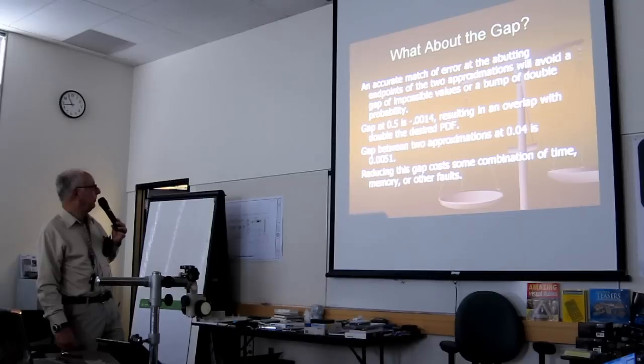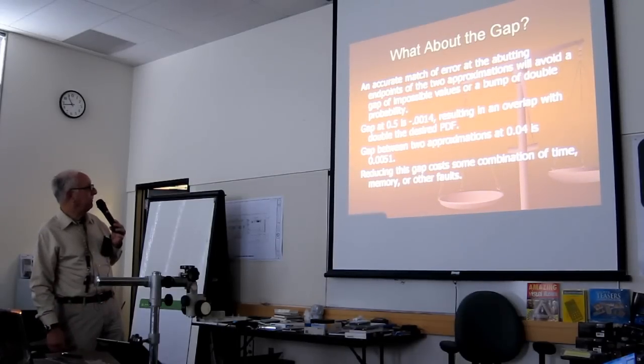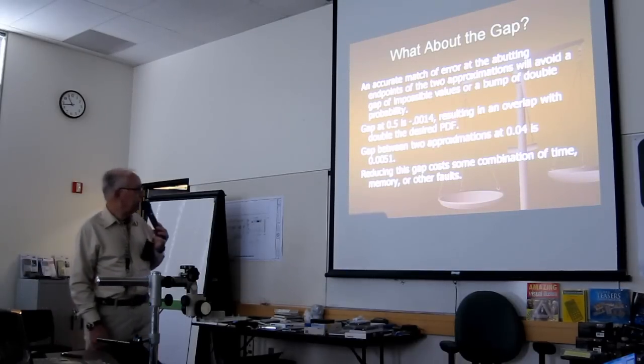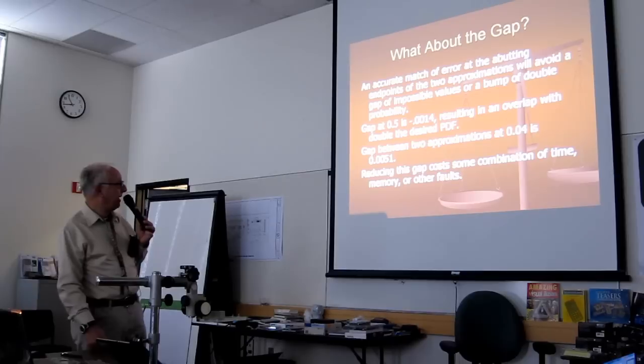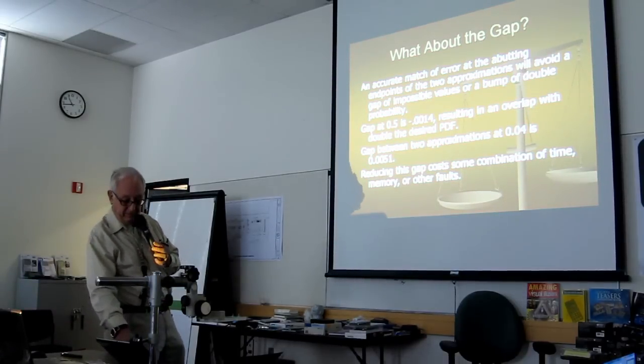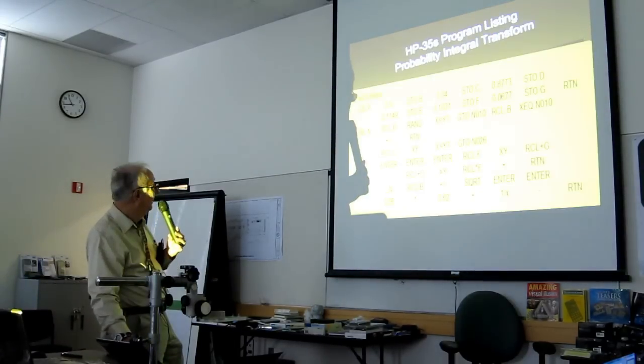So when you optimize the approximations, you have to try to minimize the error at the endpoints. So that costs you a little bit. You might have to add some numerical constants or increase the order of the approximation.